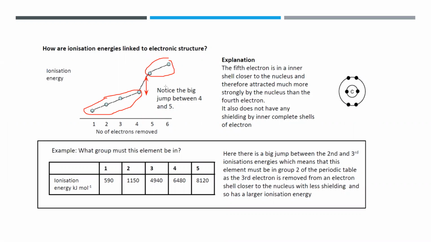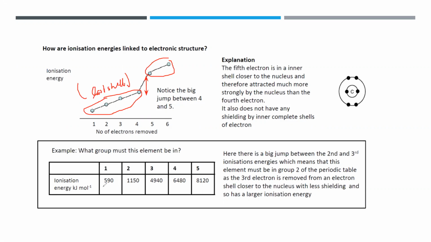This element belongs to group 4. Why does it belong to group 4? Because the electrons which are removed are removed from the last shell. So this is the number of electrons in the last shell. You're removing 4 electrons from the last shell. That's why it is group 4.